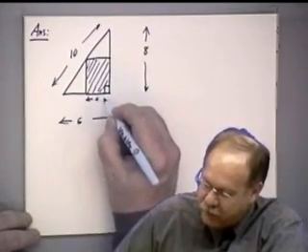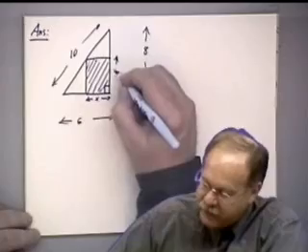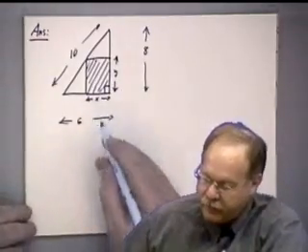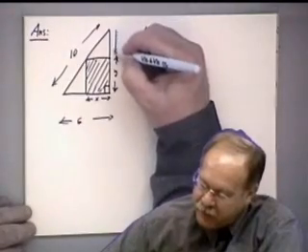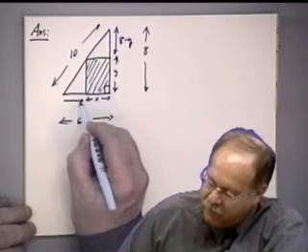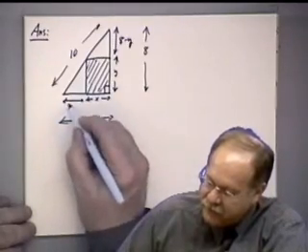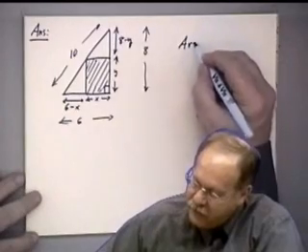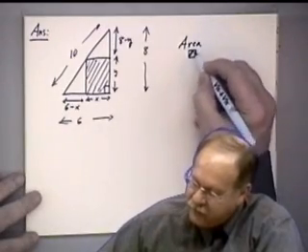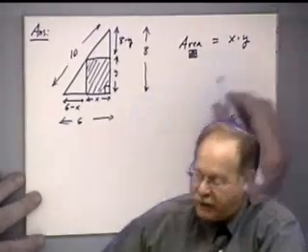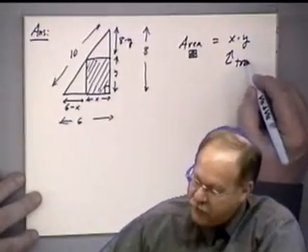Let's call the one on the bottom x, and the one on the side y. x horizontal, y vertical, seems natural. That then makes this top part here 8 minus y, and this bottom piece down here 6 minus x. Now the area of the rectangle that I'm interested in is equal to height times width, which is x times y. And again, I see I have too many variables.